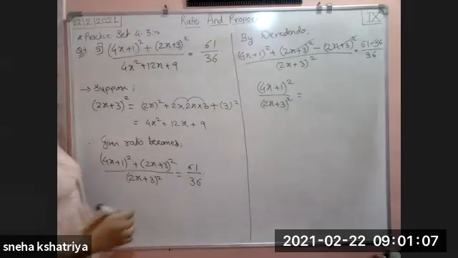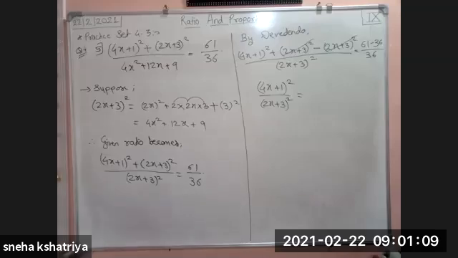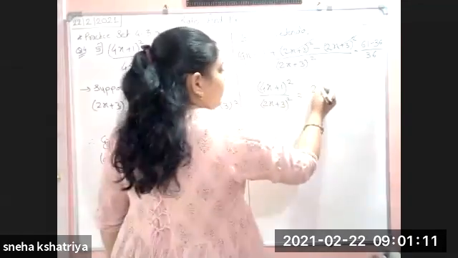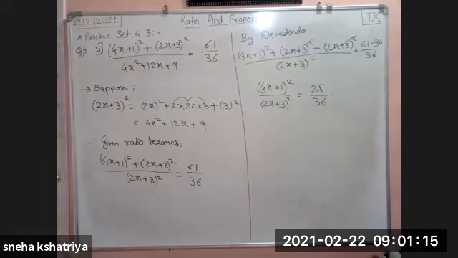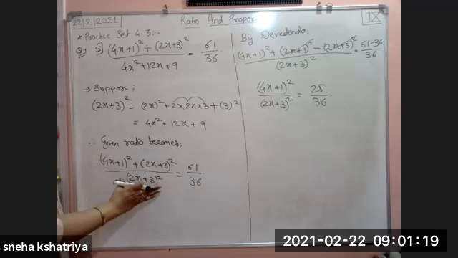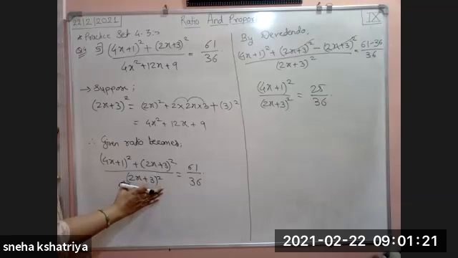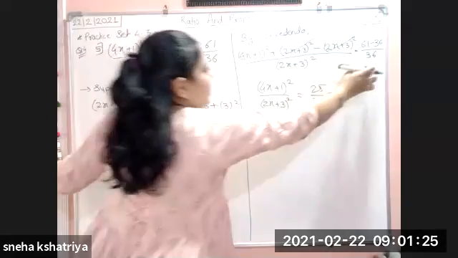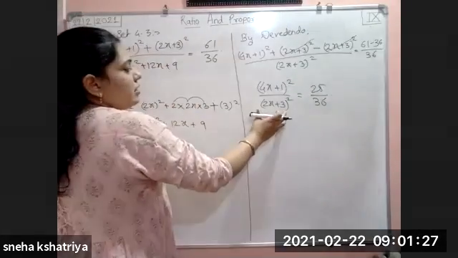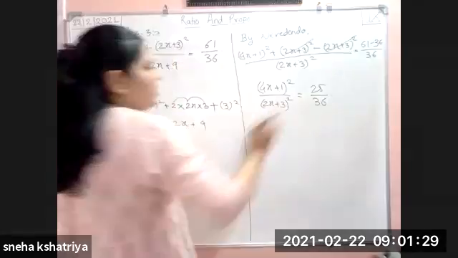Solve the right hand side. 61 minus 36, it is 25. And at the denominator it is 36 as it is. The denominator is not changed from the first example. Here it is (2x plus 3) whole square and here it is 36.